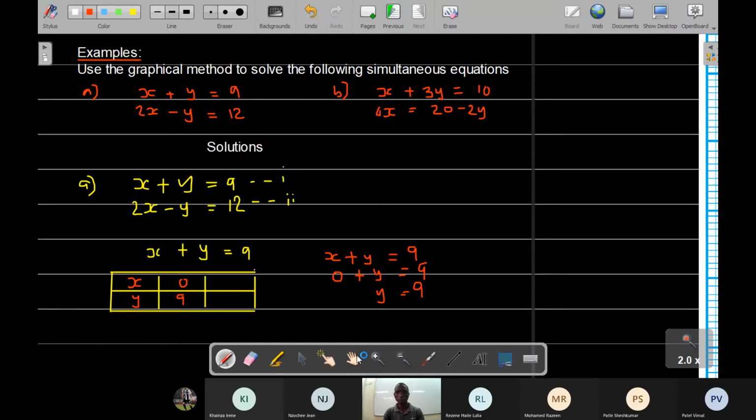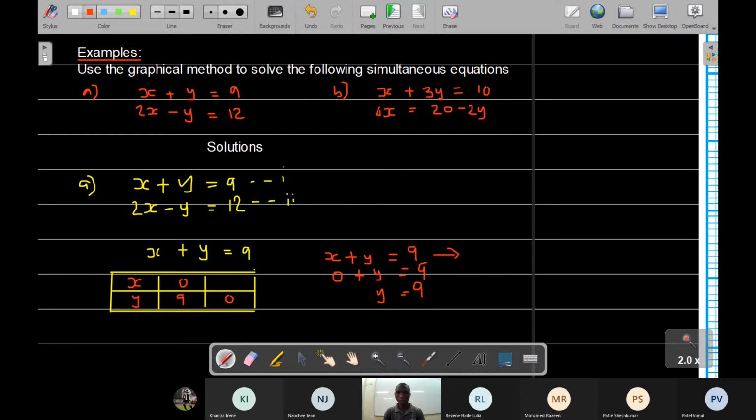Then after that, you can do the same when y is 0. So you also let y be 0, in the next column. You let y be 0, then you obtain the value of x, still using the same equation.